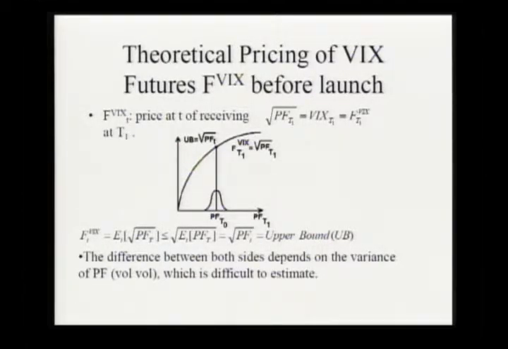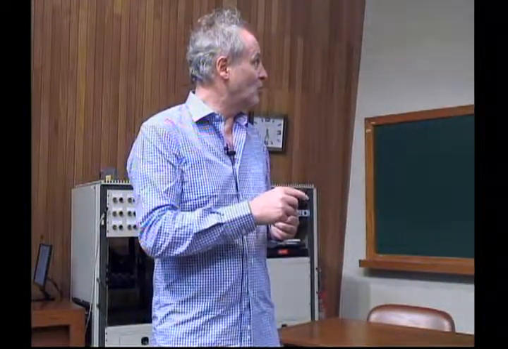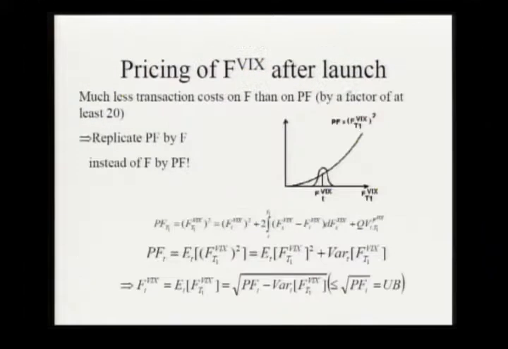This is not a proper thing to do, because if you have two related quantities, in this case the VIX and VIX squared, which is a portfolio, what you should do is look at the most liquid one and use it as a hedging instrument. So instead of trying to use the illiquid portfolio and trade it dynamically to replicate this, you should do it the other way around.